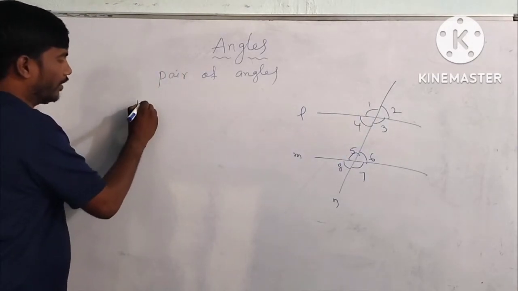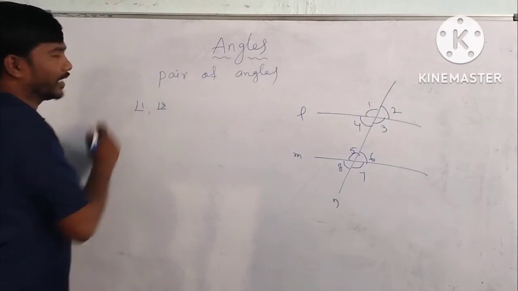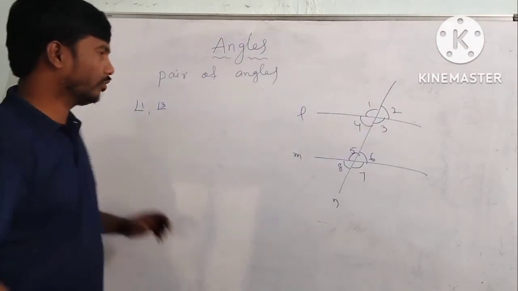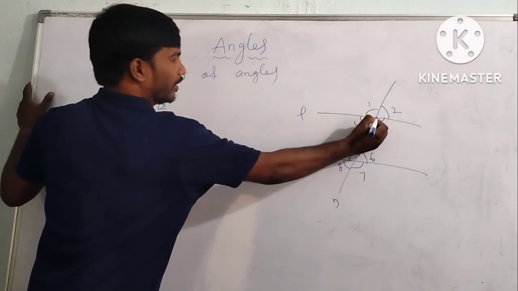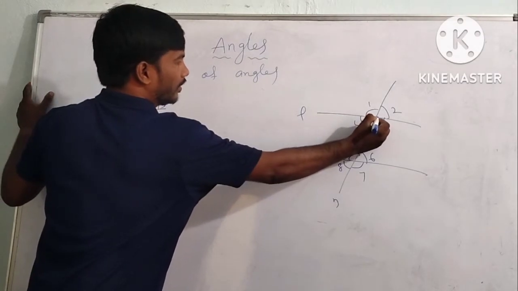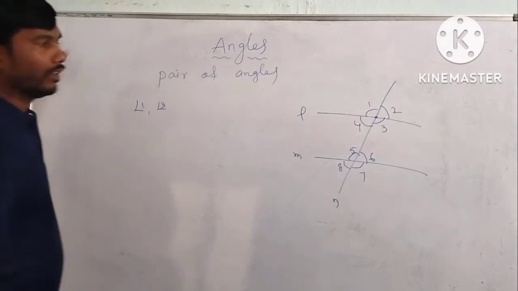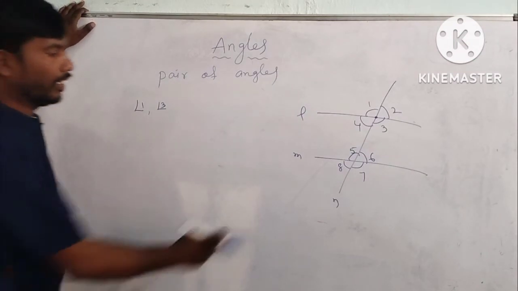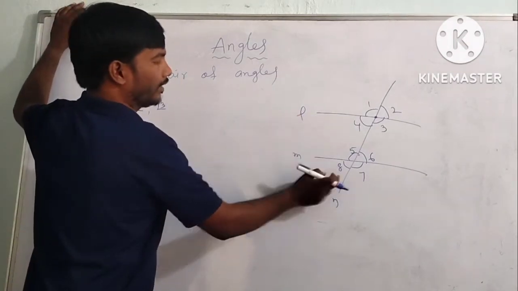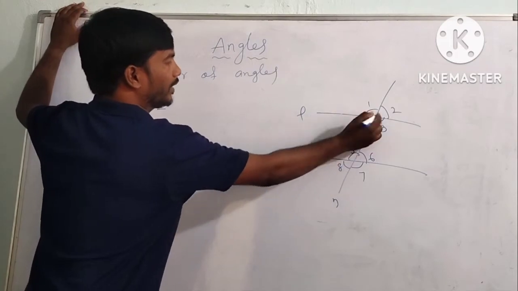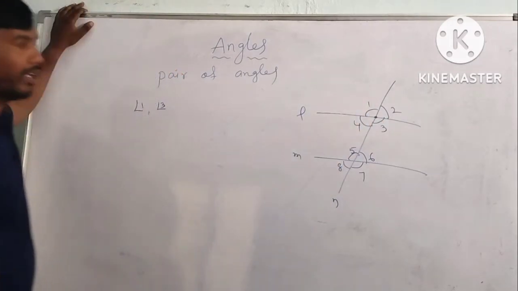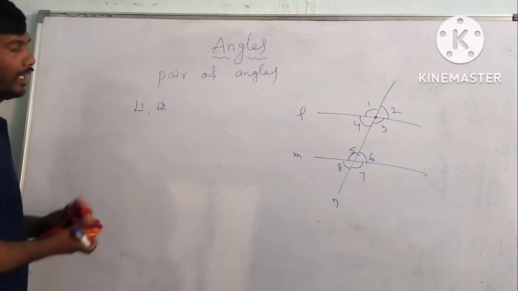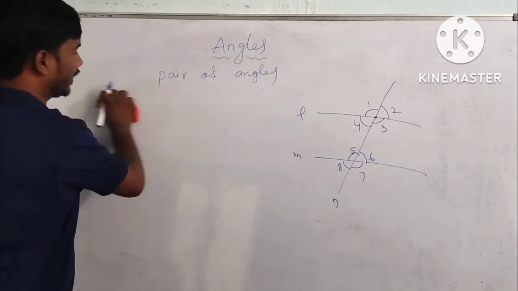Angle 1 and angle 3, how are they? Vertically opposite. What is meant by vertical? Vertical means the intersecting point. Line N and line L, both of them intersect at the point. So that point is called the vertex.